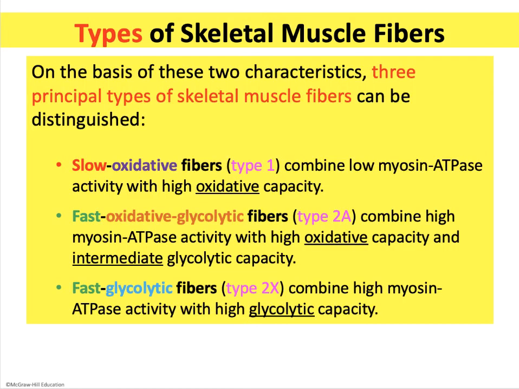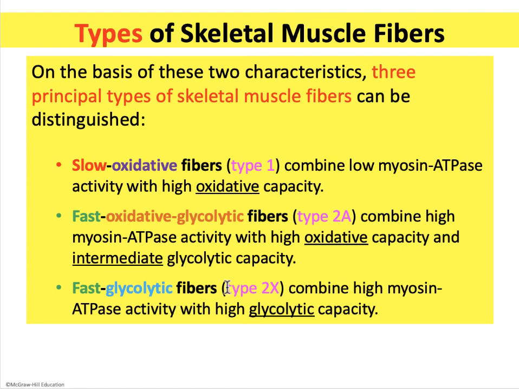Thus, the three main types of muscle fibers are listed here. So we have the type 1, which are the slow responding, and they use oxidative biochemistry. We have the type 2A, which are the fast responding, and they use a combination of oxidative and glycolytic biochemistry.